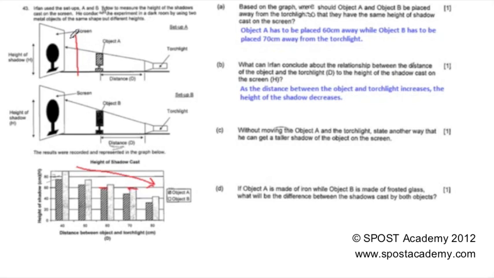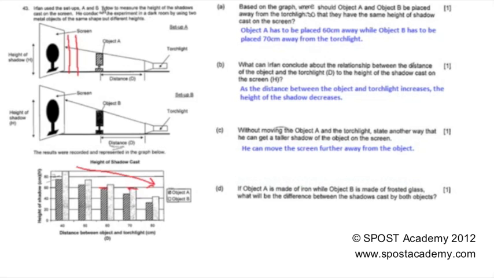And if I put a screen further away, I'll have a taller shadow being actually cast on the screen, which is to say that in order to get a taller shadow, I need to move the screen further away from the object. So what I can do is here, he can move the screen further away from the object.